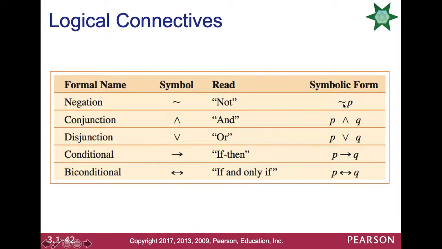Now, I want to call your attention back to sets. So if P is symbolic form of a set, then not P will be the complement of the set. Conjunction and, what does that remind you of?